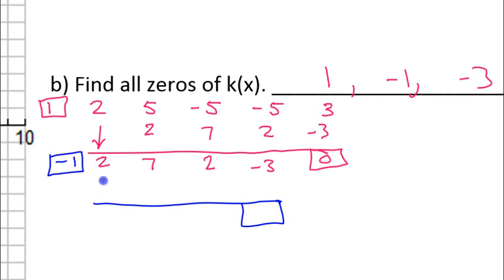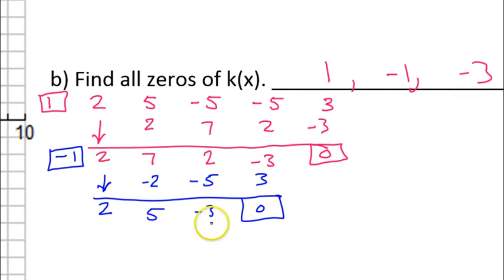If I do the negative 1, I'm going to bring that down. 2 times negative 1 is negative 2. Add those up, I get 5. 5 times negative 1 is negative 5. Add those up, I get negative 3. Negative 3 times negative 1 is positive 3, so there I get 0.